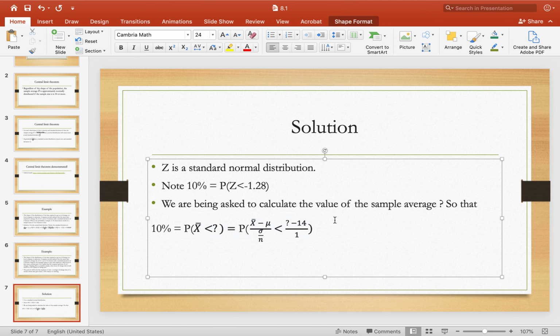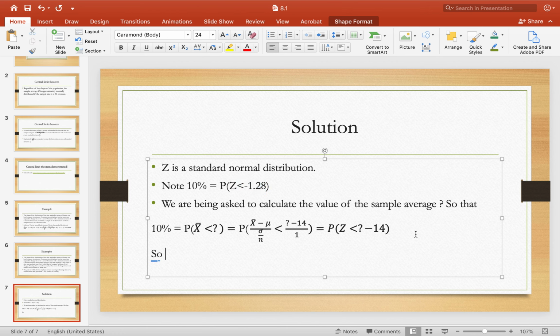Now, since this is also known as a Z distribution, I can write it as the probability Z is less than the unknown value minus 14 minutes. Now the question is, what is the value of this unknown? It has to give me 10%, but minus 1.28 also gives me 10%.